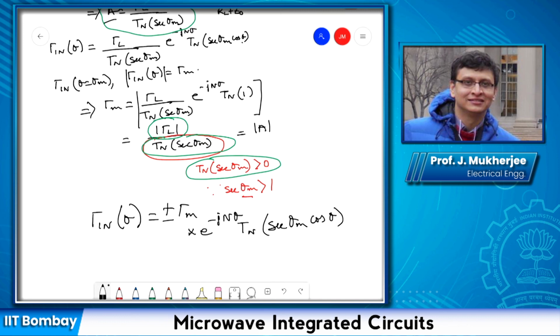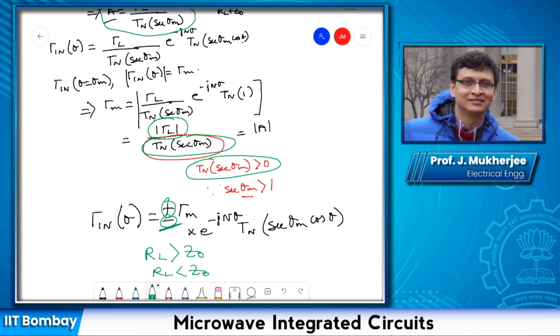Here the plus sign happens when RL is greater than Z0, and the negative sign for RL lesser than Z0.